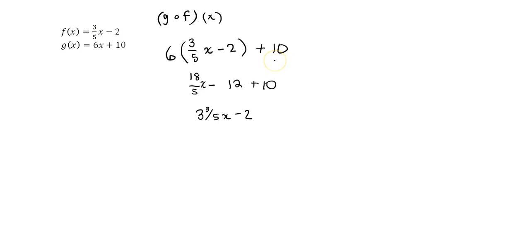Now I will say that you could have written this a little differently than what I did, which is I could have said, all right, I know my g is going to be my big function, right? So I'm going to do a 6, and then I'm going to leave a big old space so that I can put in whatever my new x is going to be, plus 10. So then I go back and take a look.